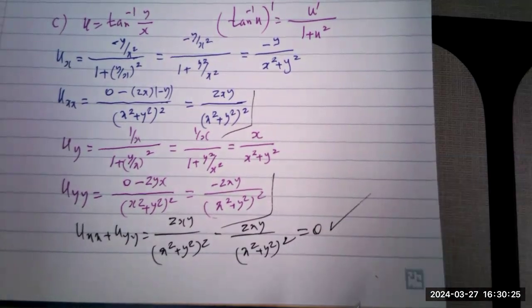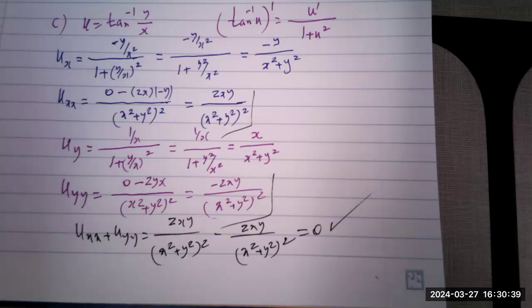So this is the most popular one. This is just for your information to see how these connect together, just proving something using these ideas. Okay, so this is it.